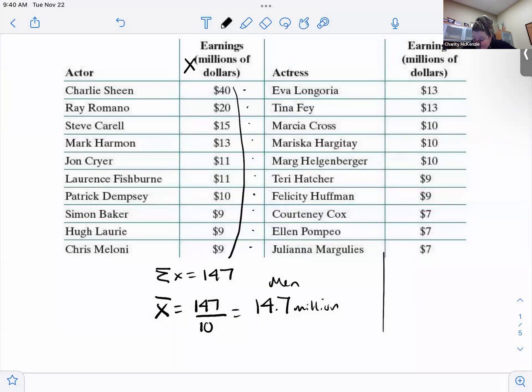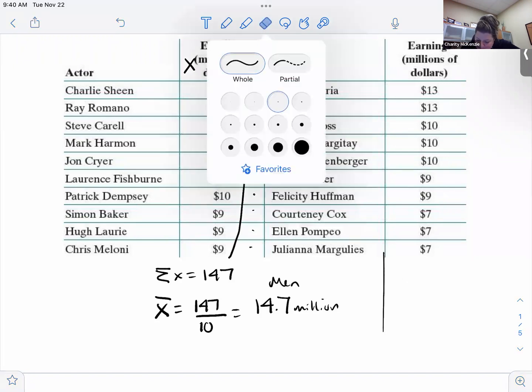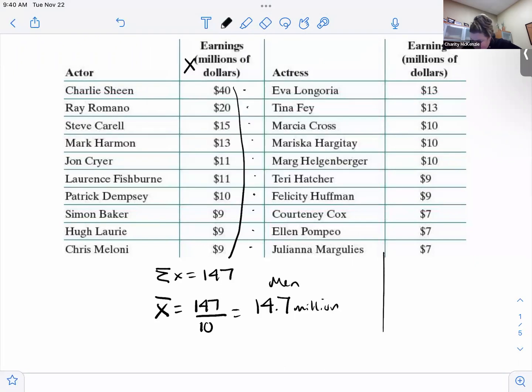I got 95. Hopefully I didn't mess that up. And then the mean would be 95 divided by 10, which is 9.5 million.